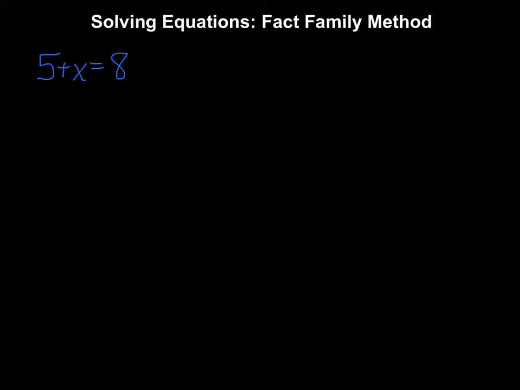So if I think through addition, since this is an addition problem, the sum will stay the same, but my two add-ins can switch places. Well, if I switch places, I'll have x plus 5 equals 8, which isn't solvable, so I don't want that. So then if I move on to subtraction, 8 will become my first number. So obviously we're going to need to subtract here.